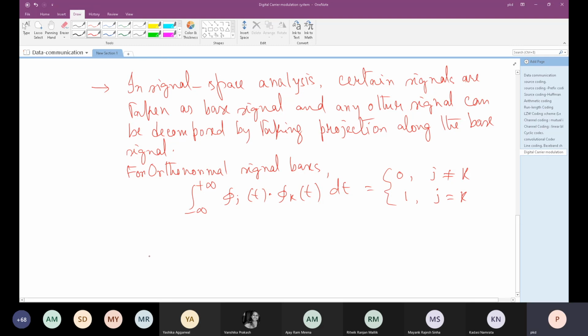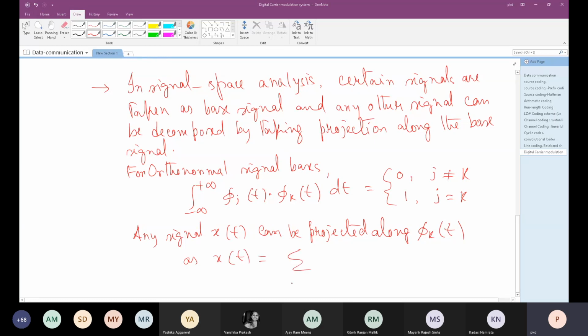Now any signal x(t) can be projected along the base signal, say phi_k(t), as x(t) equal to the sum over k.